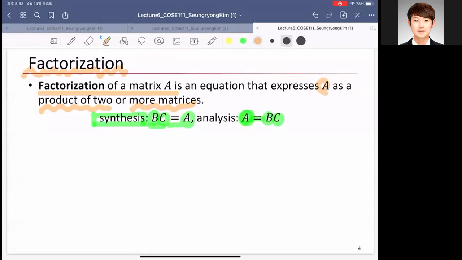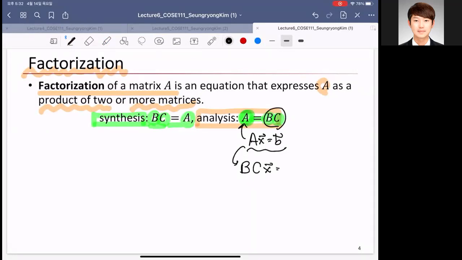So why do we have to know this? Because we want to analyze our matrix A. In other words, we want to analyze matrix A as BC, and then our new factorized equation becomes BCX equals B. Maybe this kind of representation is much easier for understanding the solution.